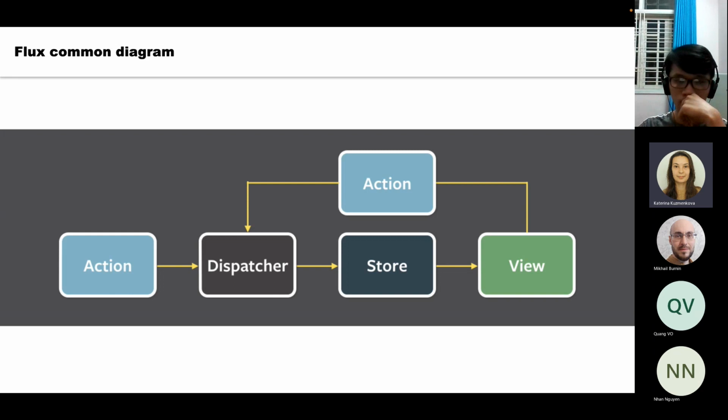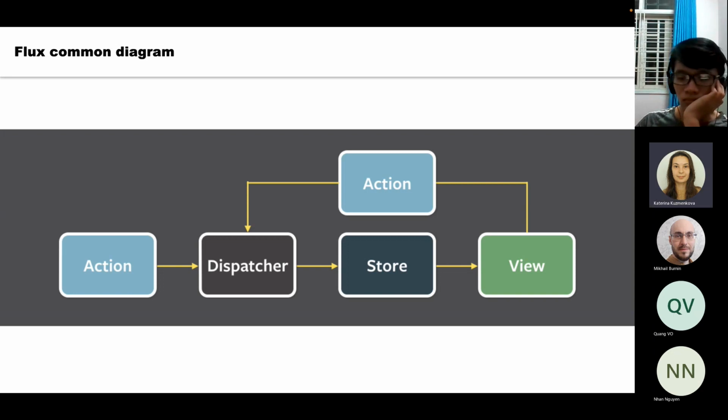Action is like a creator, a helper method that creates an action from method parameters, assigns it a type, and then provides it to the dispatcher. The dispatcher acts as a central hub. It sends every action to all stores via callbacks that have been registered with it.